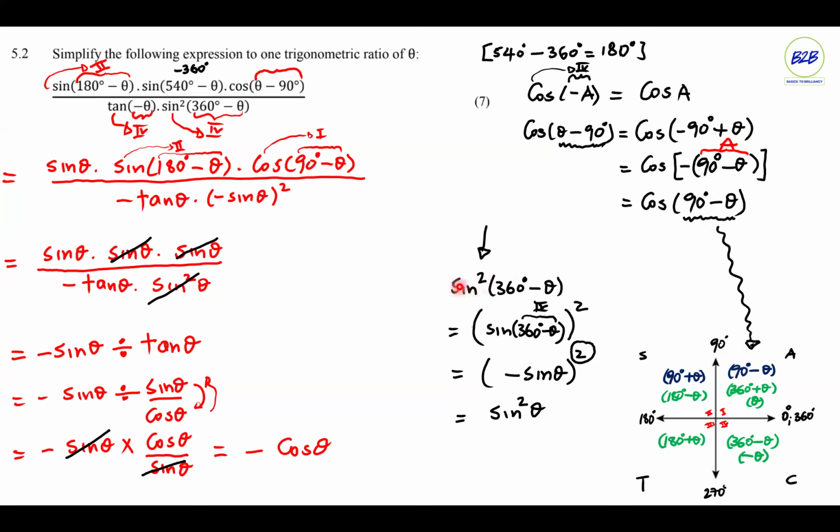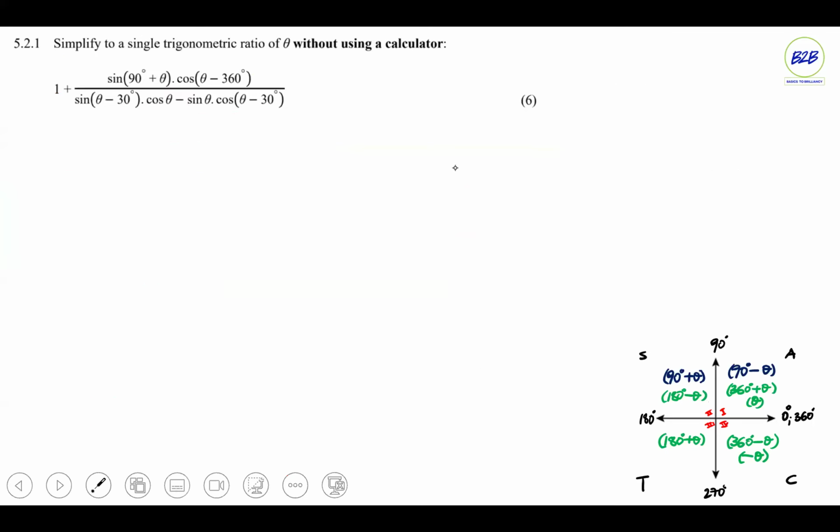As much as sine is negative in the fourth quadrant, the square changes everything. Keep that in mind. All right, let us go to the last question that you will take as an exercise.